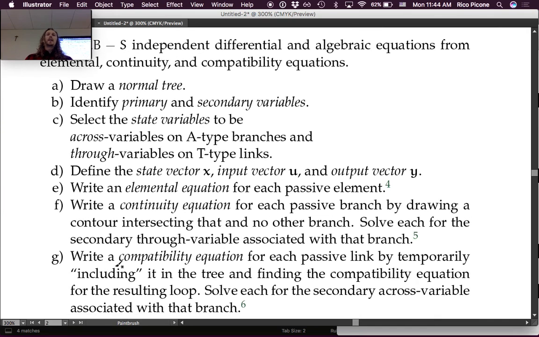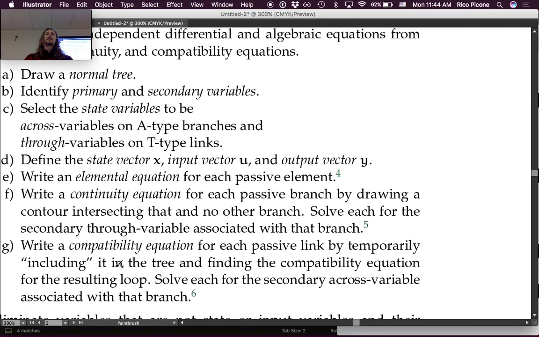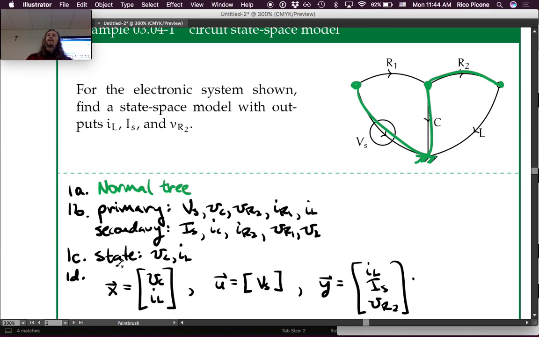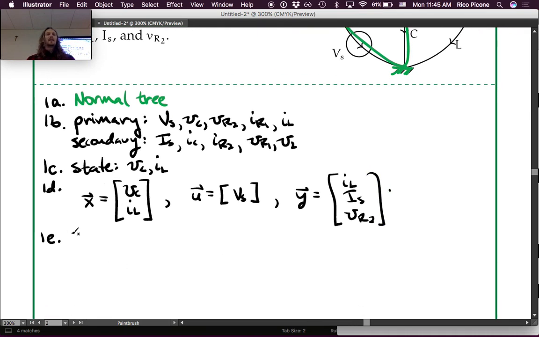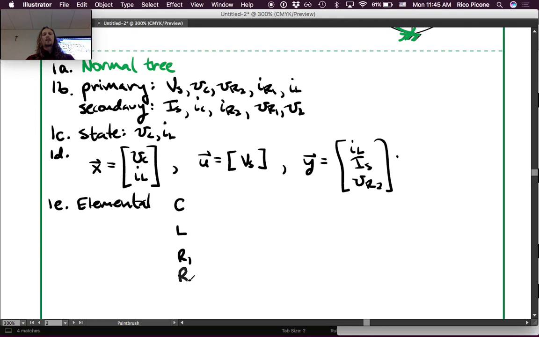E says to write an elemental equation for each passive element. Well, we have 4 passive elements, right? The 2 resistors, the capacitor, and the inductor. So I like to use this sort of table form where I draw the symbol representing each of the elements. So I'm going to do C, L, R1, R2.